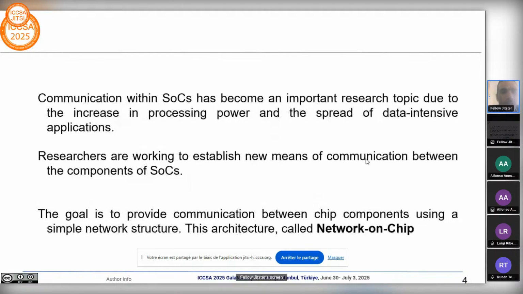So communication in system on chip has become an important research topic due to the increase of processing power and the speed of data application. Researchers are working to establish new means of communication between these components. The goal is to provide communication between these components in system on chip using a new structure. This structure is called network on chip.